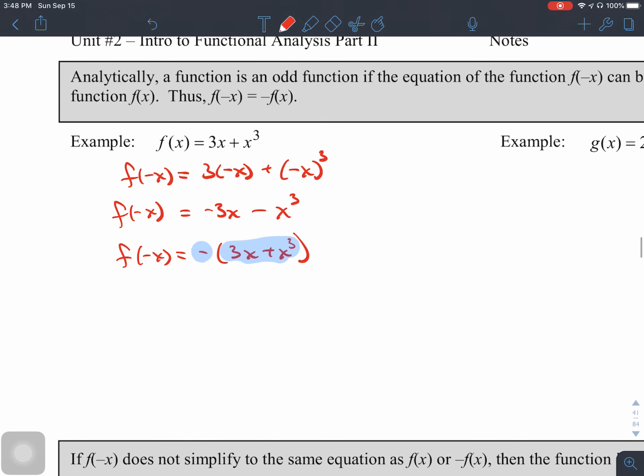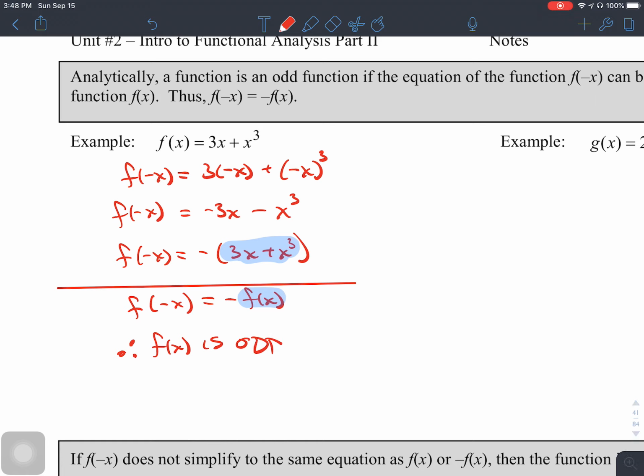So in other words, f of negative x is equivalent to negative f of x. This thing that you see here in blue is f of x. We have a negative on the outside of it, just like this had a negative on the outside of it. We got that by putting a negative x into it. So our conclusion from this is f of x is odd.